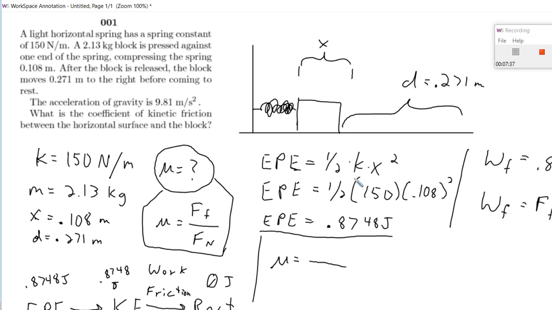With all that in mind, the sign will not matter when I go to put it in my mu calculation, because Ff and Fn are in different dimensions. Ff is acting in the x dimension. Fn, of course, will be acting in the y dimension. So even though that should have a negative sign in terms of its work calculation, I'm going to go ahead and neglect that for my calculation there.